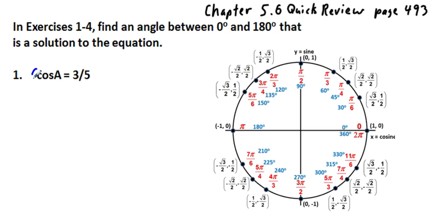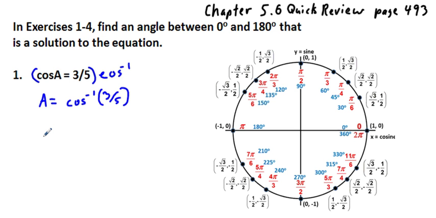To do that, we're going to take the inverse cosine of the whole equation, which we symbolize by cosine to the -1 power, which really signifies inverse. The cosine and inverse cosine cancel each other. So A is equal to cosine -1, which means the inverse cosine of the fraction 3/5.